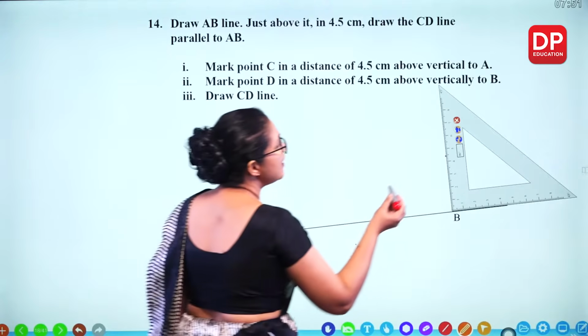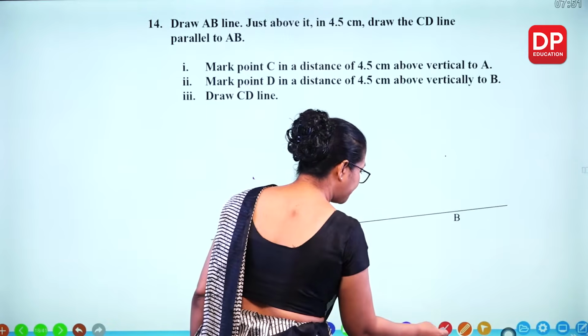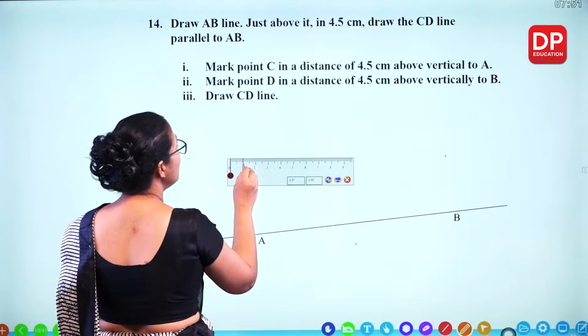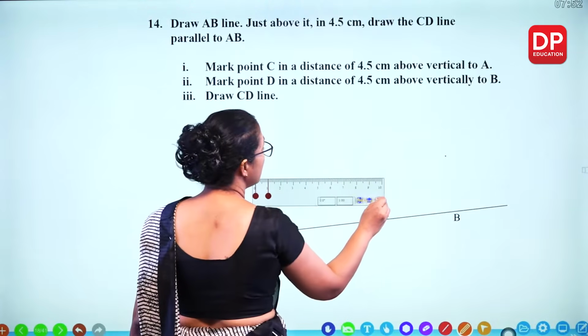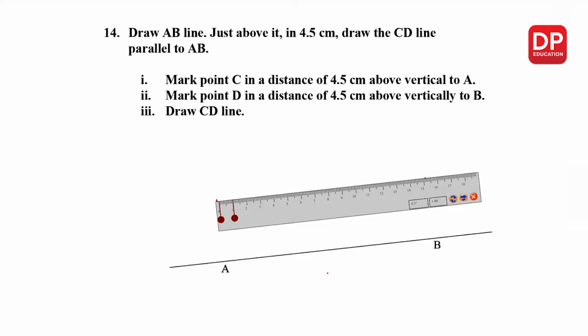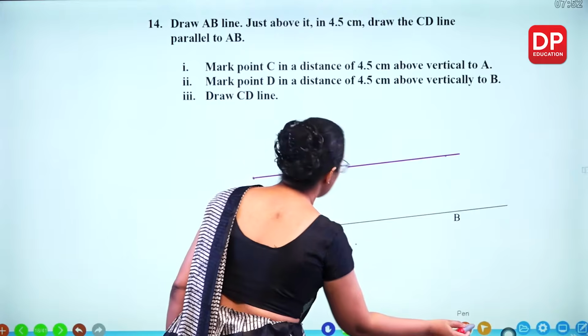So you can take the ruler now. Take the ruler, and you can connect these 2 points like this with the ruler. So what are these points?